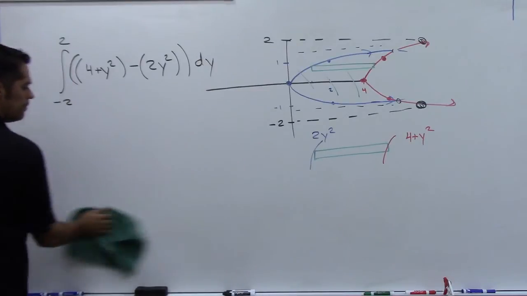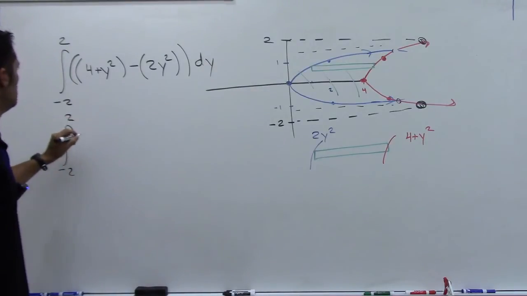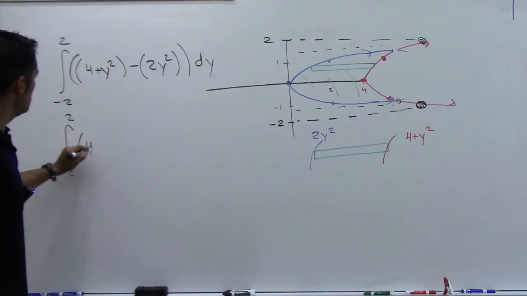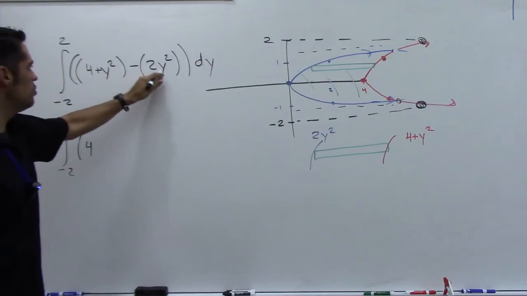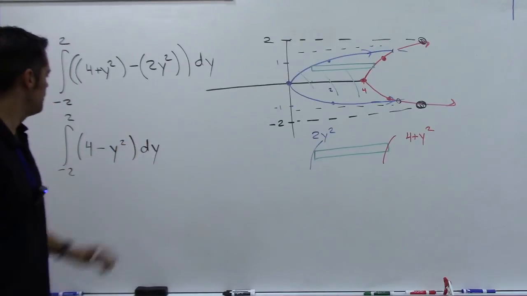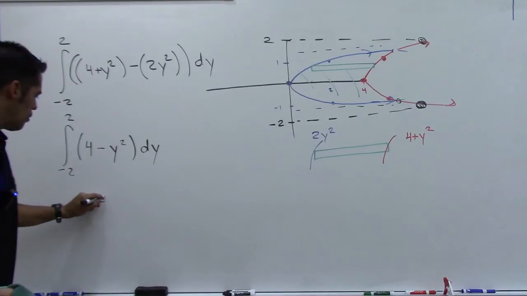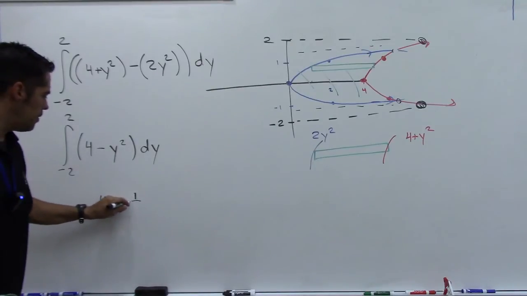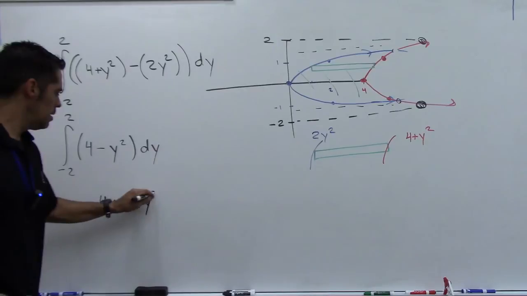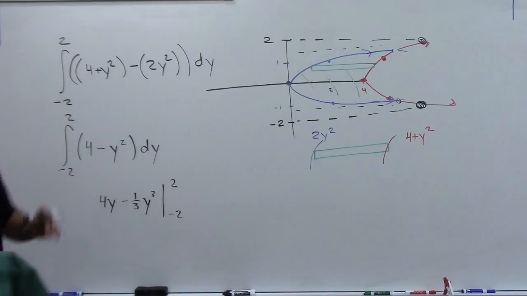Clean it up. Integral -2 to 2. Let's see, we have 4 plus y squared minus 2y squared is minus y squared dy. And then you can go ahead and integrate. You get 4y minus 1/3 y cubed, -2, 2, and then you figure out what that is.